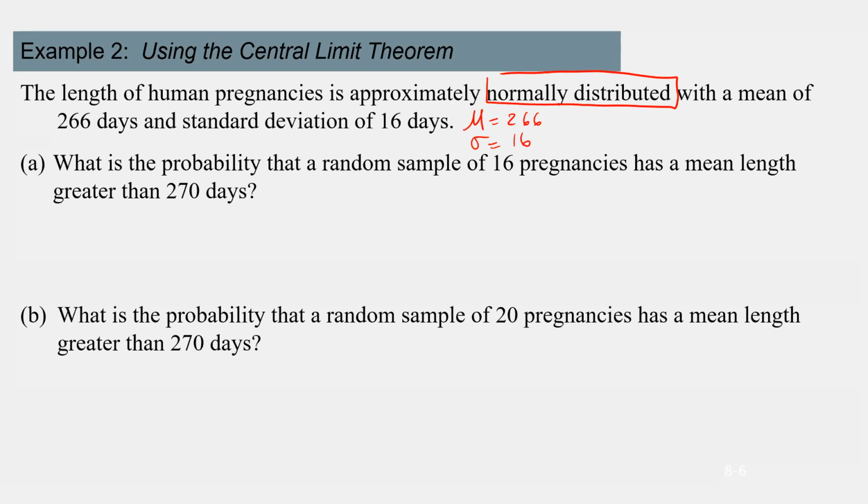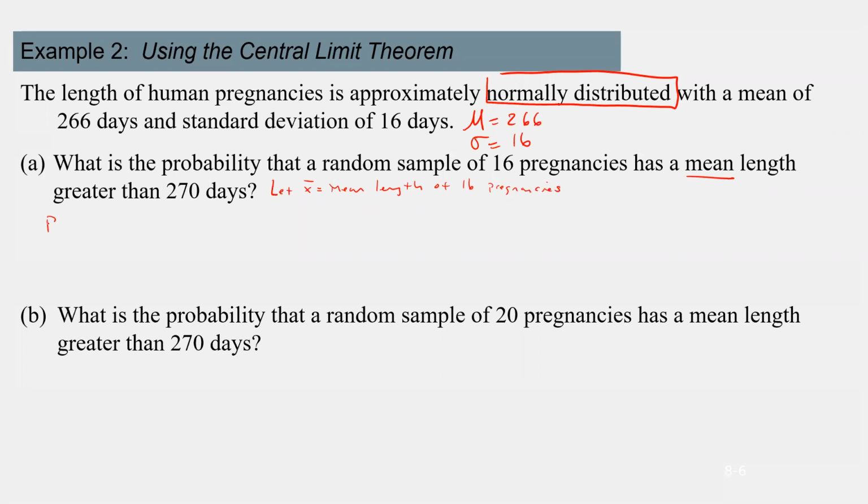Okay? So here's how you're going to have to tackle this problem. First off, they're asking the probability that a mean length is greater than 270 days. So I'm going to define a variable. I'm going to let x bar be equal to the mean length of 16 pregnancies, all right?